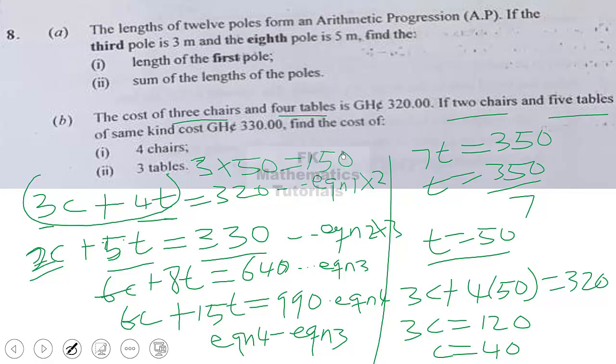Make sure you attach the Ghana cedi sign to it. Then 4 chairs will be 4 times 40 Ghana cedis, and that will be equal to 160 Ghana cedis. Good.